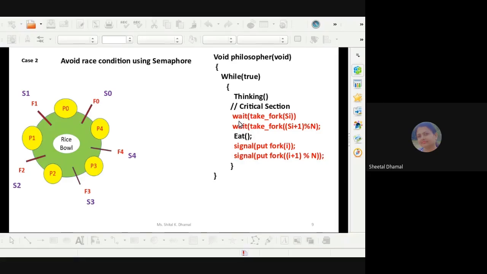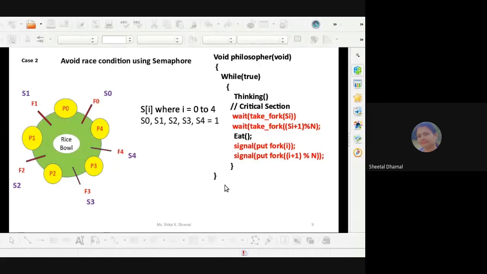And when the philosopher finishes his eating operation, to come out of the critical section, the philosopher or process has to execute the signal function. So the wait function is used to enter the critical section, and the signal function is used to come out of the critical section.